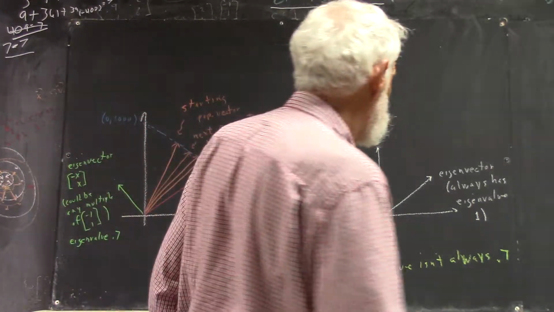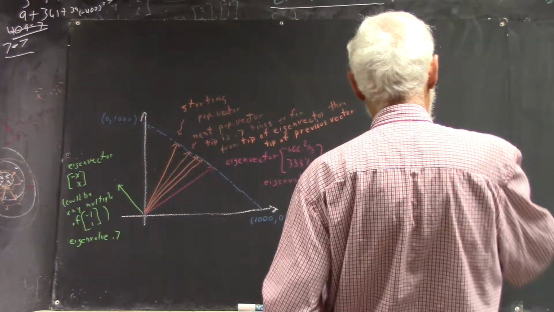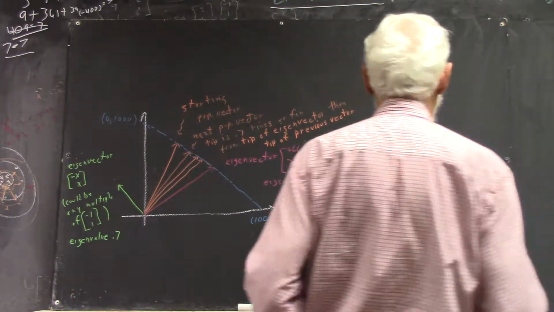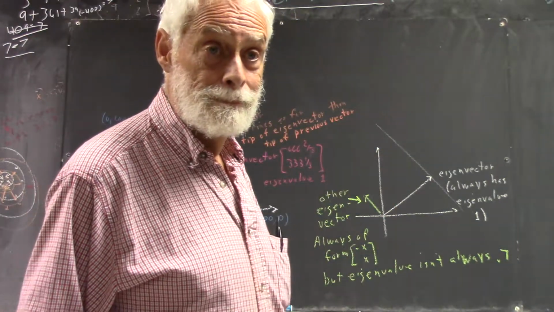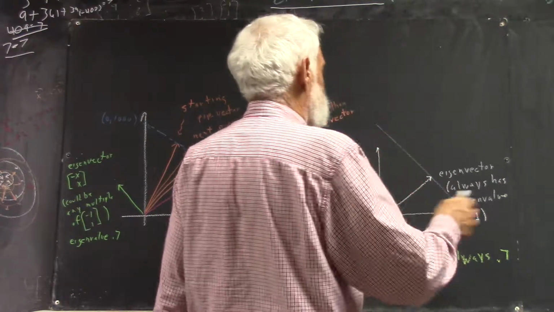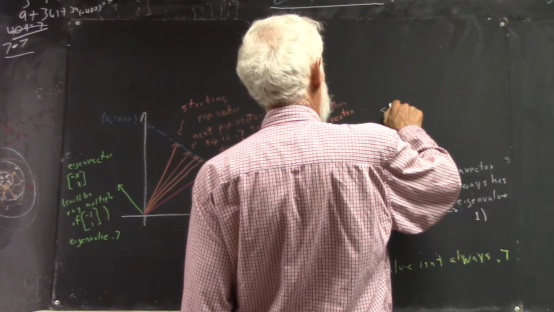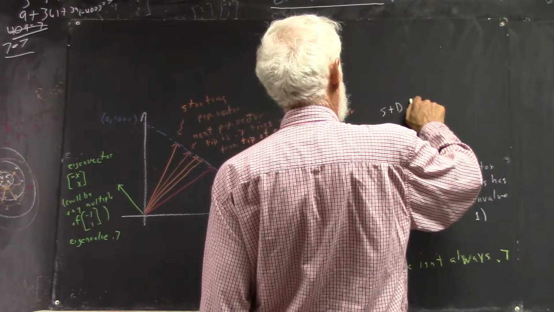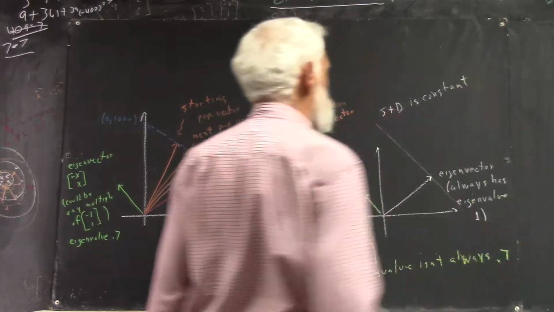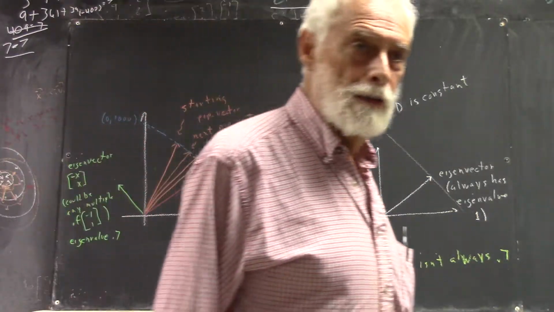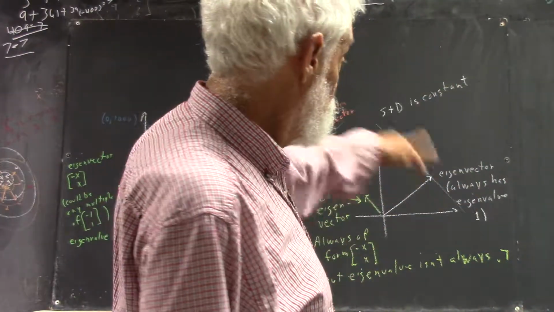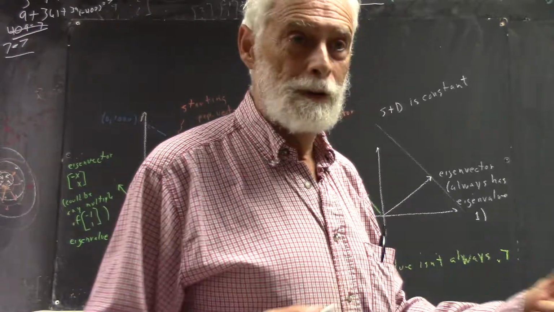So, you have this straight line, which is always, if S plus D is constant, you won't always necessarily have a total population of 1,000, right? And this problem doesn't just apply to sane people and demented people.